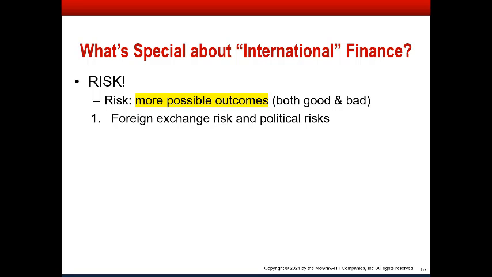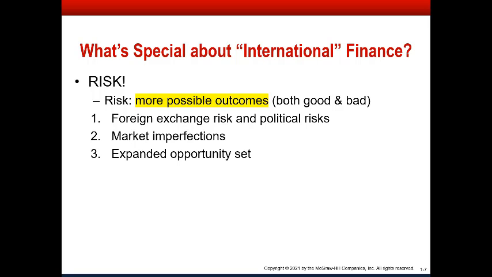Now, let's talk about specific international financial risks that we are going to be really concerned about in this class. One, and probably the biggest one we'll focus on, foreign exchange risk, and then we'll talk also about political risk. Then we have the issue of market imperfections, and the expanded opportunity set businesses face when they go global. Now, the source of these risks is that you're dealing with separate countries that have their own governments, and those sovereign governments can issue their own currency.